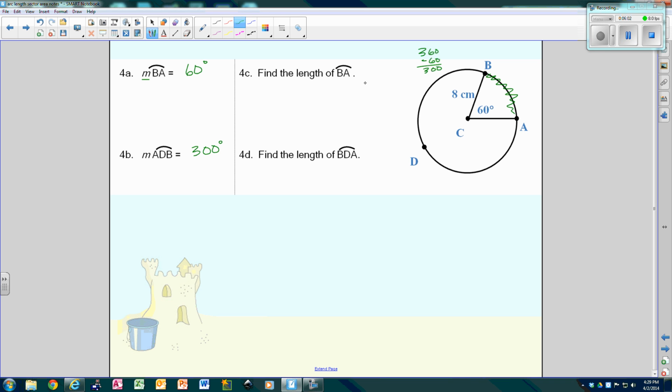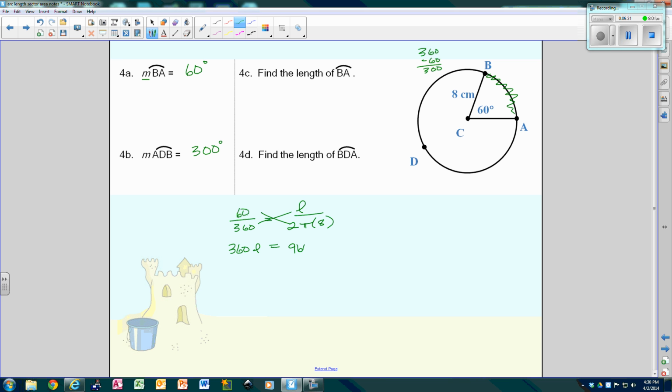Now let's find the length of the smaller, and then we'll find the length of the larger. The smaller one is 60 over 360 is the length over 2 pi r, which is 8. So we've got 360L equals 60 times 2 times 8, which is 960.